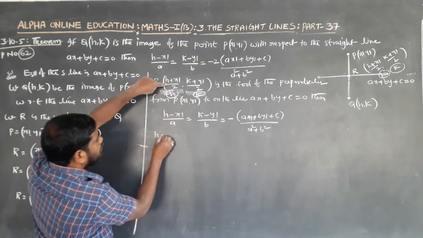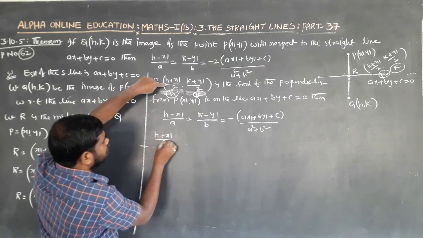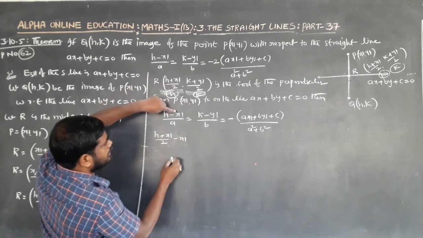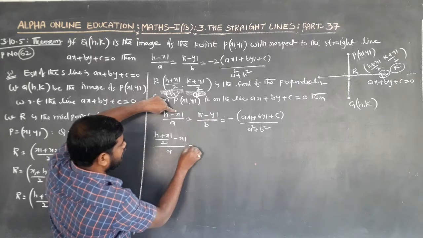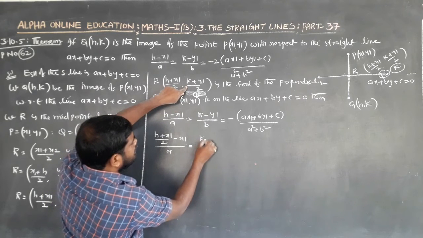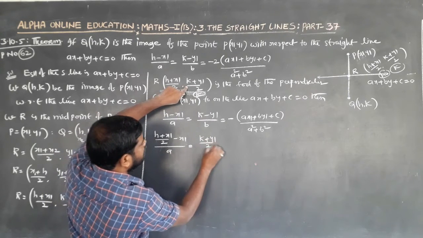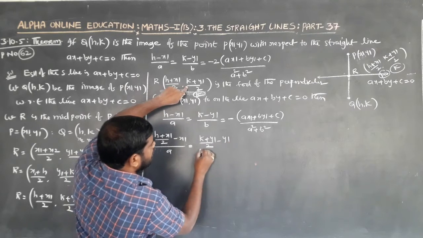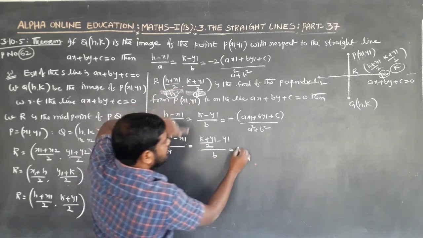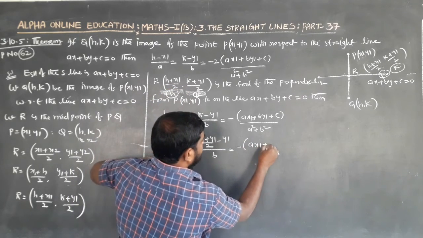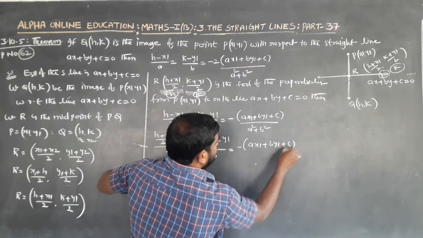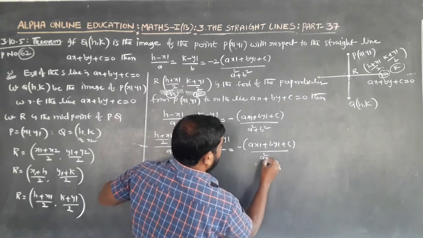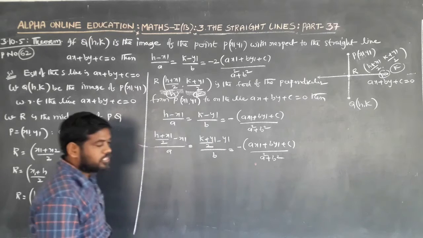So ((h + x1)/2 - x1)/a = ((k + y1)/2 - y1)/b = -(ax1 + by1 + c)/(a² + b²).